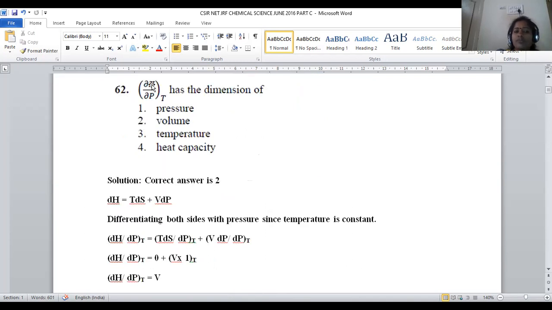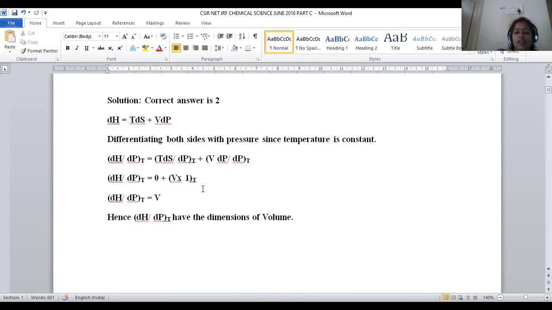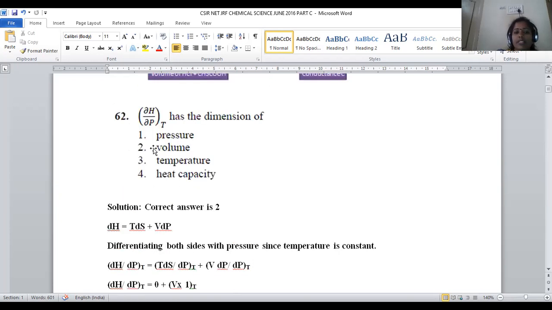Now let us move on to question number 62. dH by dP at constant T has dimensions of, okay, the differential of enthalpy and the differential of pressure. This ratio has the dimensions of, okay. In order to get this, we have the formula dH is equal to TdS plus VdP. So the enthalpy change is given as TdS plus VdP. Then on both sides we are going to differentiate with respect to pressure. Temperature is constant, as mentioned within the problem.